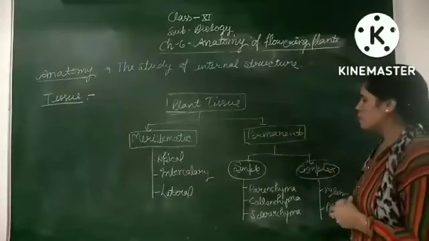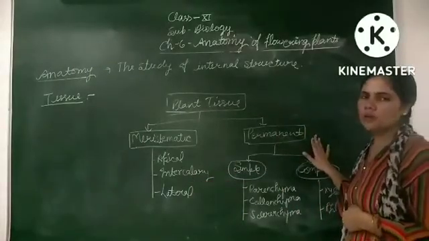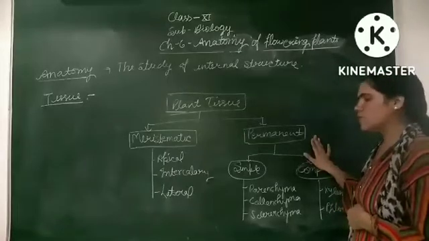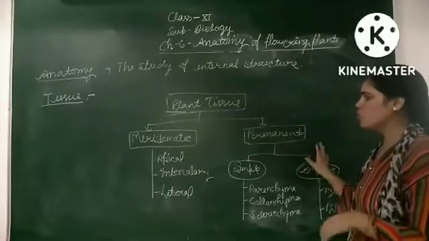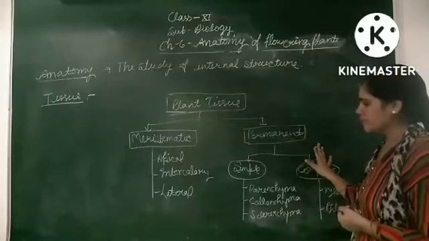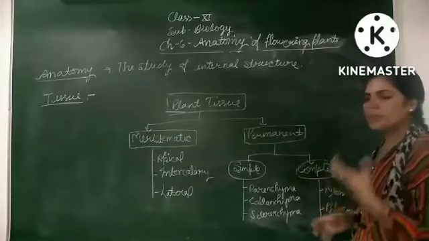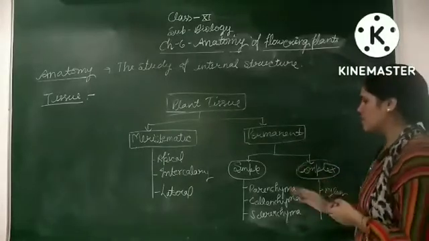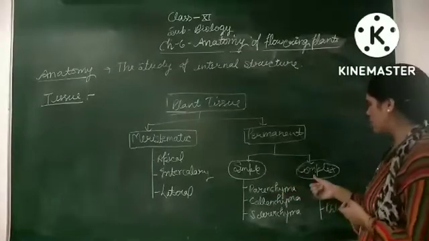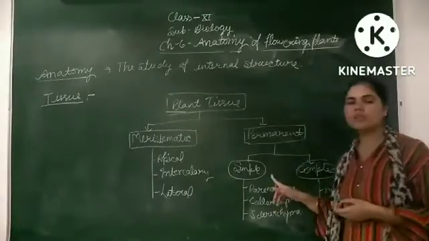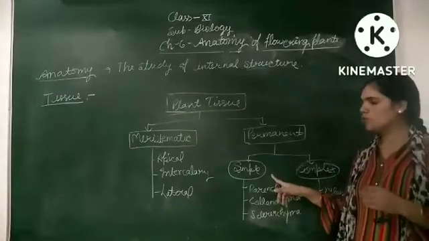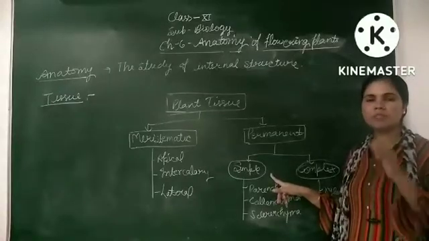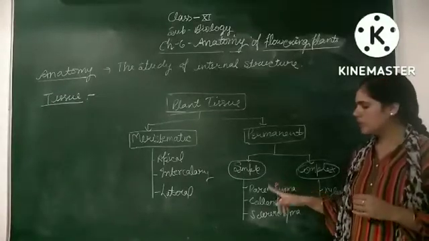Second is permanent tissue. Permanent tissues are those tissues that do not have the ability to divide. These tissues do functions other than dividing. On the basis of the number of cell types, there are two kinds: simple permanent tissue and complex permanent tissue. Simple permanent tissues are basically made up of one kind of similar cells.